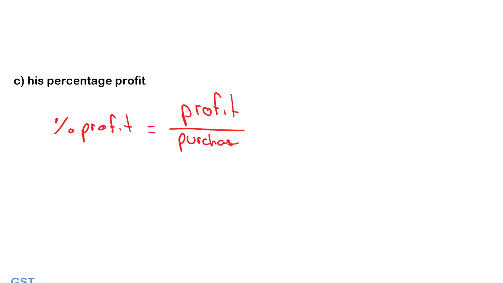So we now need to determine how much percentage profit he's made. And we do that by putting our profit and dividing it by our purchase price. And as always, when we need to convert a fraction to a percentage, we times it by 100, our magic number.